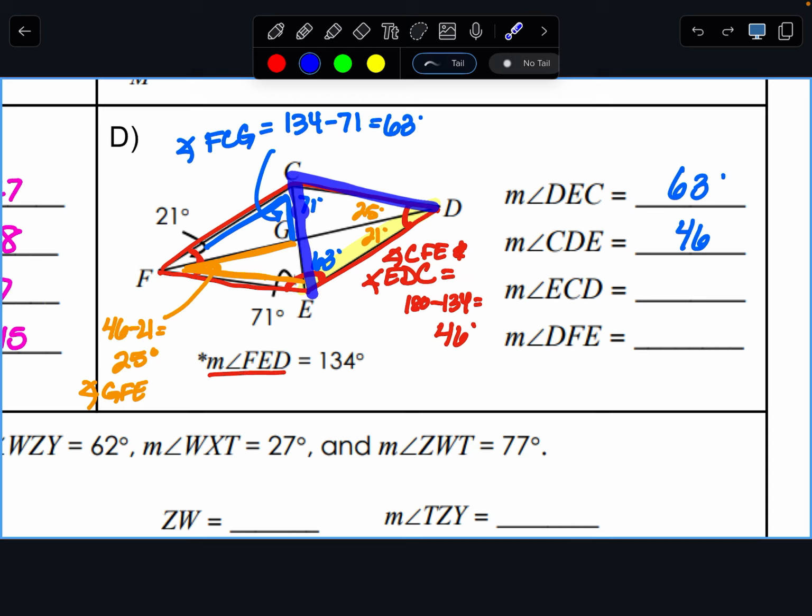E, C, D. That's 71. And then we have D, F, E. 25.